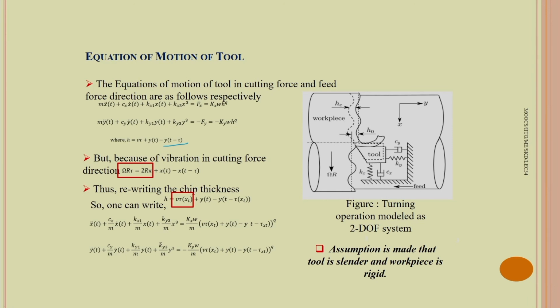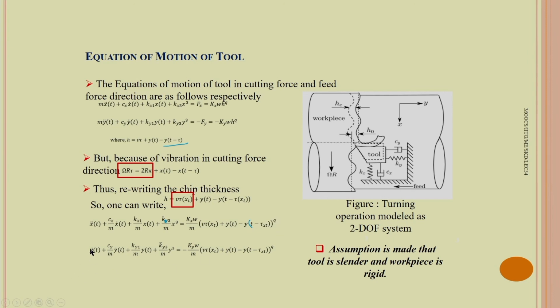So, this is k x3, this is not y. So, this is k x3 by m x cube. This will be equal to k x w by m into V tau x(t) plus y(t) minus y(t minus tau) x(t minus tau) to the power q.